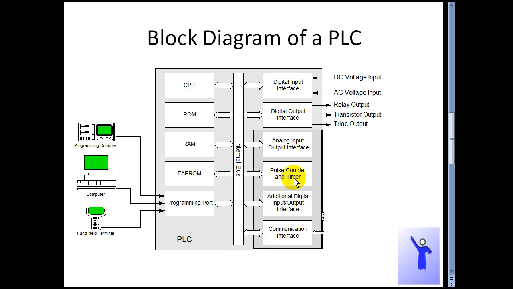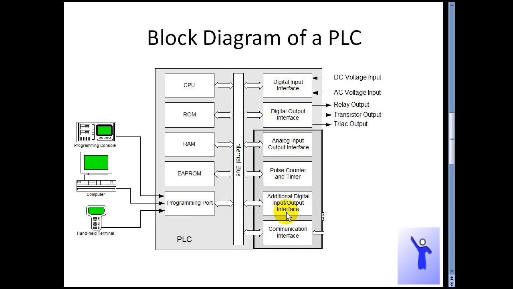A pulse counter and timer interface enables the PLC to communicate with very fast high speed digital pulse inputs, for example maybe a rotary encoder. So it is just a high frequency pulse which the digital interface may not be suitable for handling.